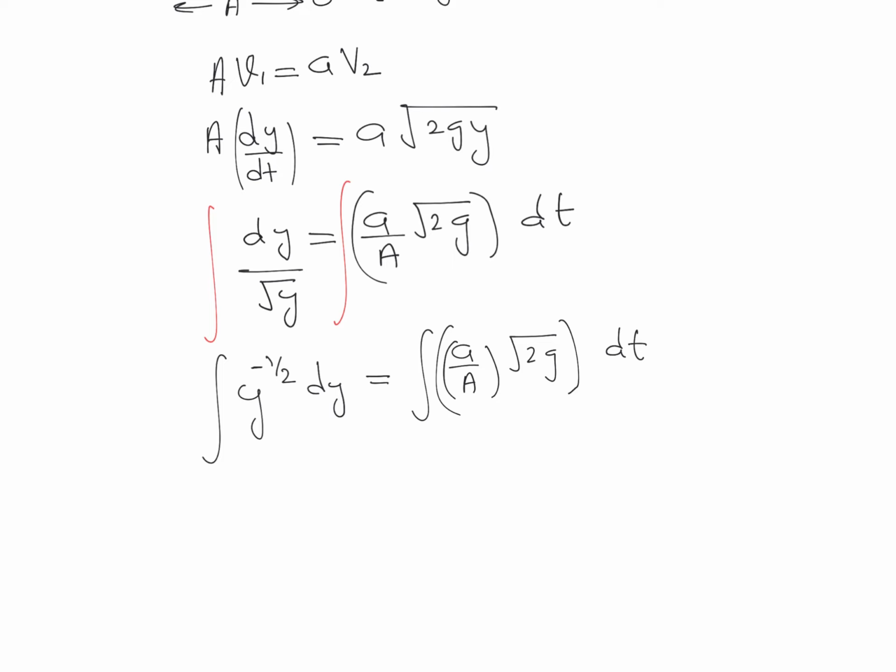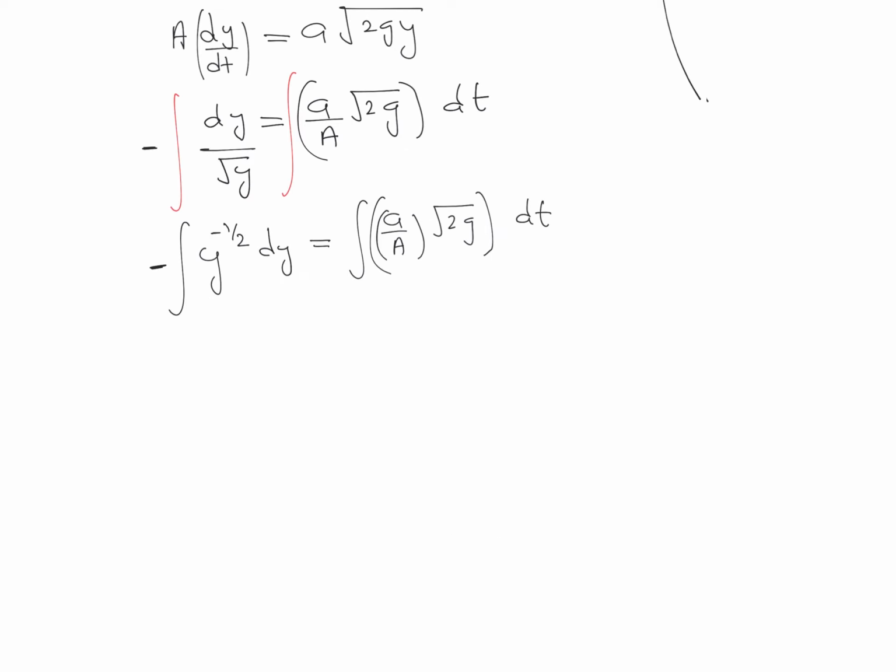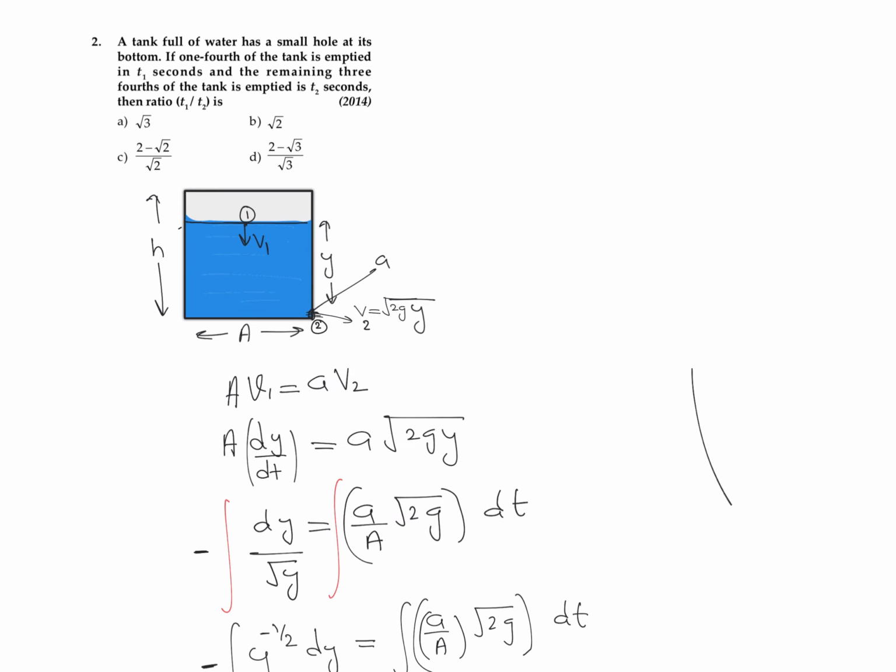So the value of dy here is negative, so I am putting a negative sign here, because with respect to time y is going to decrease. Now we put the limits of y: initially the value of y was h, and now it changes to some other value. Let's say after some time the height becomes y, and we are going to find the time taken to change its height from h to h1.